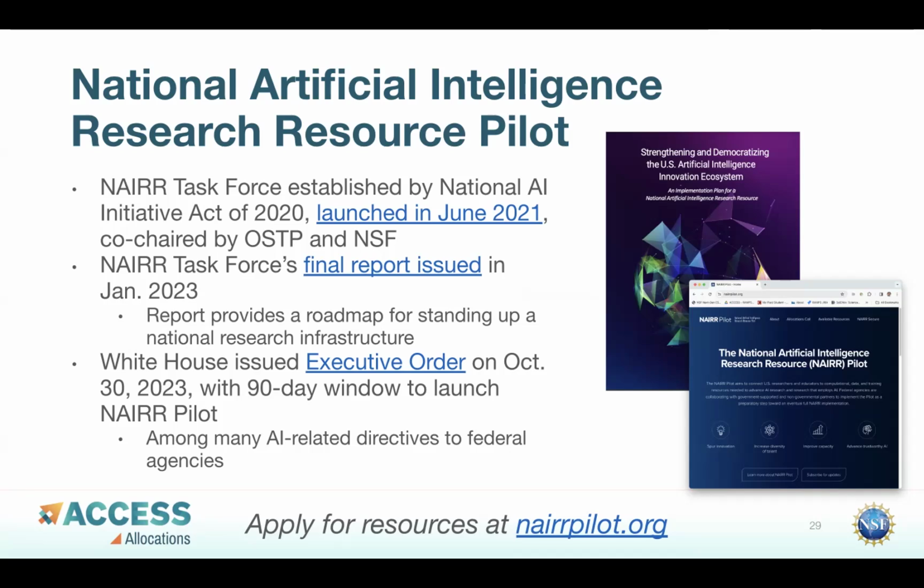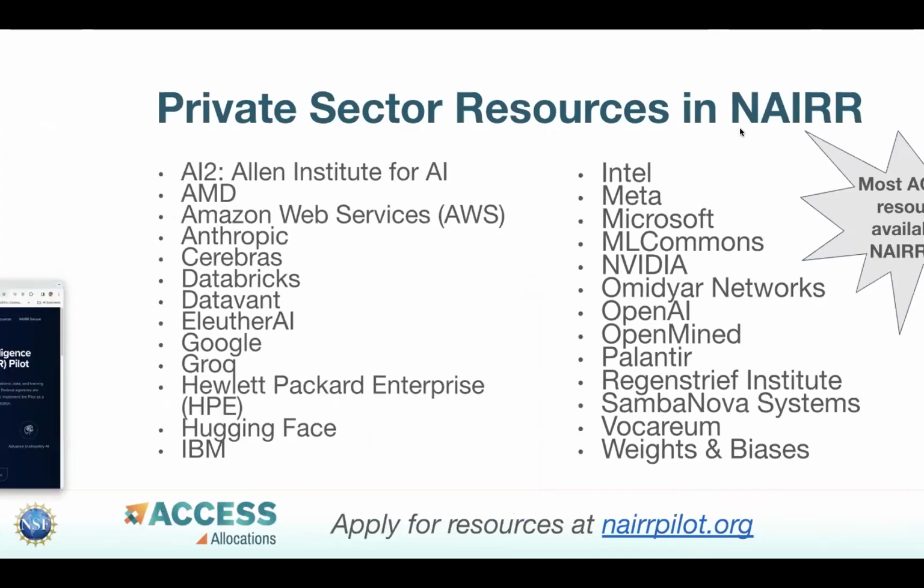And they released a final report with recommendations for how the U.S. can better position itself to lead and continue leading in the field of artificial intelligence. Last October, I guess 2 Octobers ago now with the new year, the Biden administration issued an executive order to launch a pilot program based on existing resources in the community for AI related research and education.